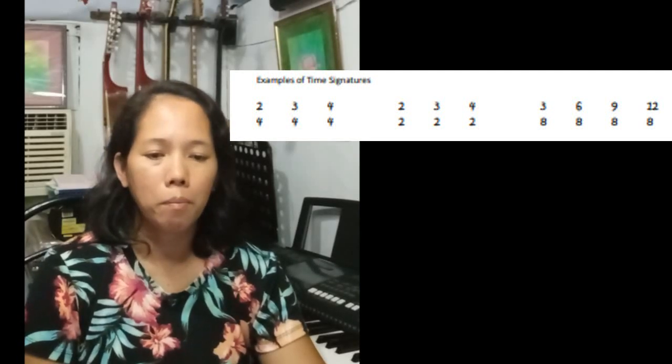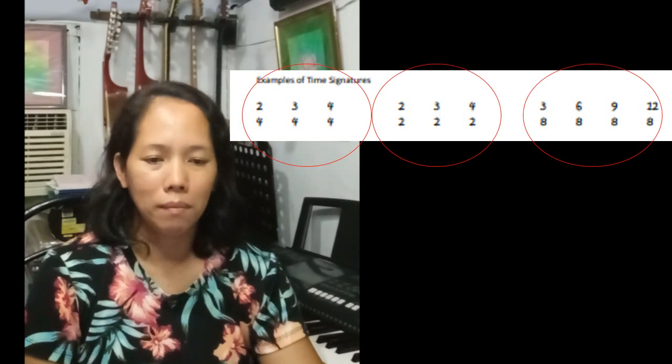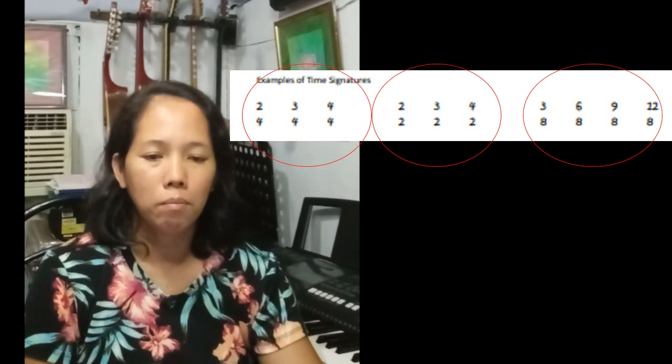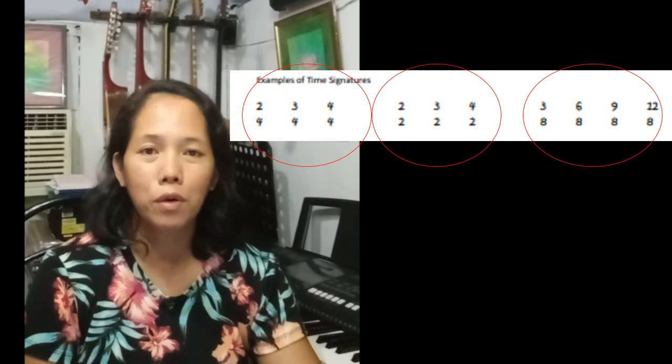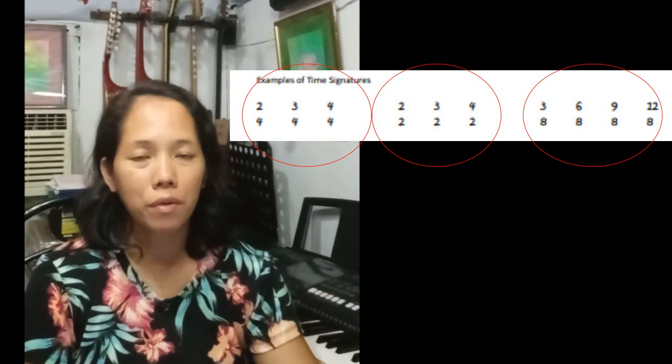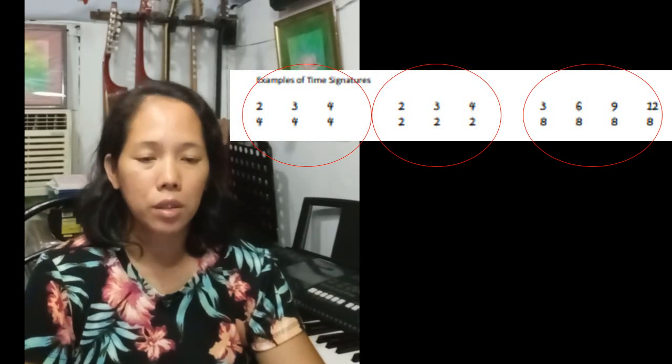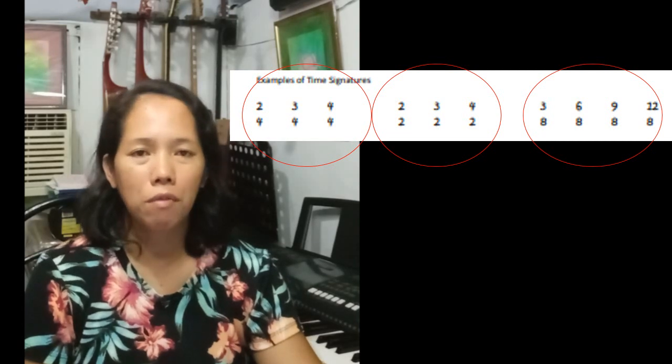So they have meaning. It is not just simply saying that if it's a 2/4 there are 2 counts, if it's a 3/4 there are 3 counts per measure, and if it's a 4/4 there are 4 counts per measure.